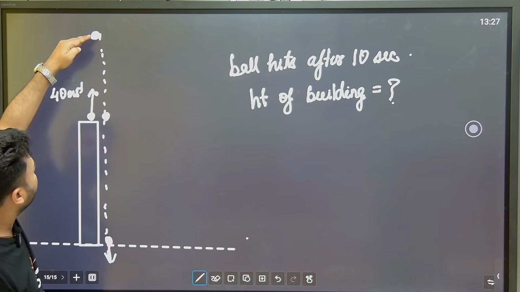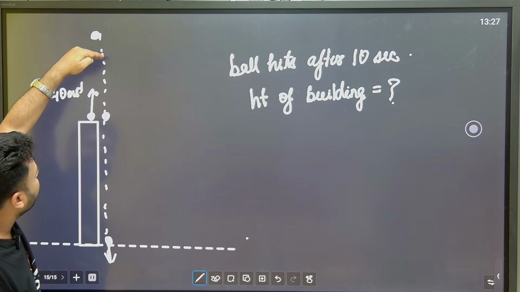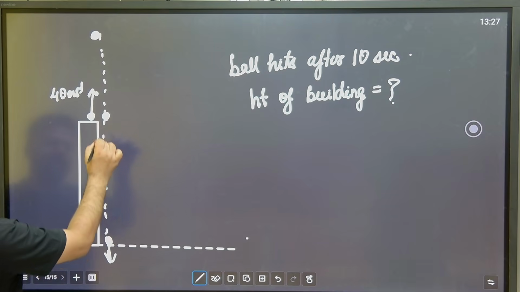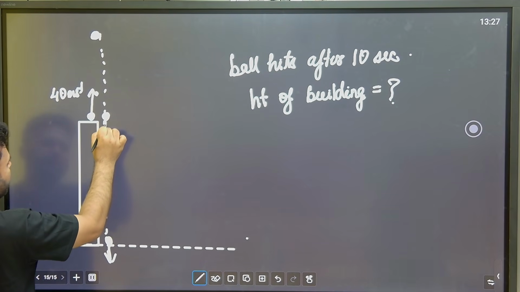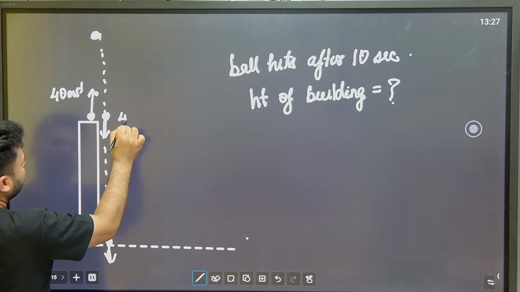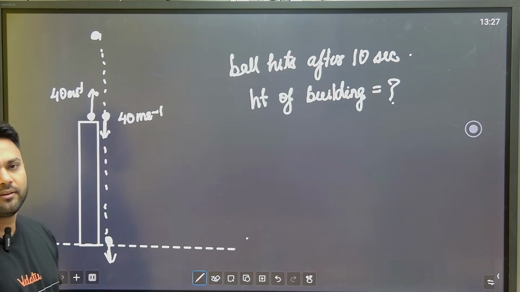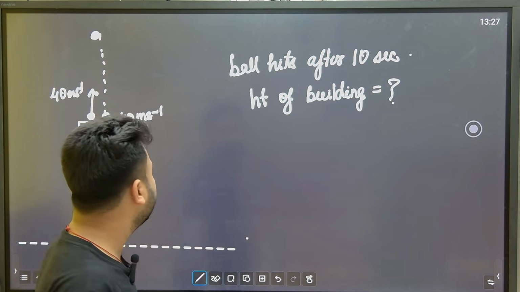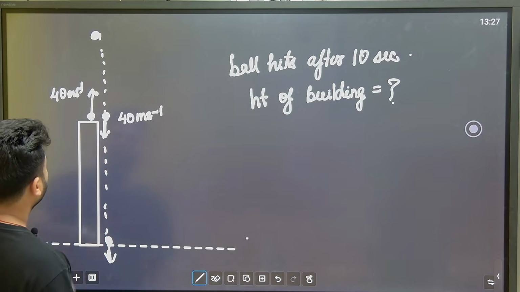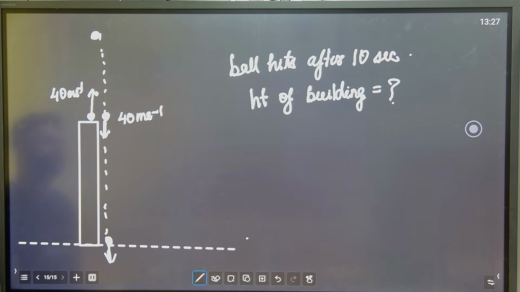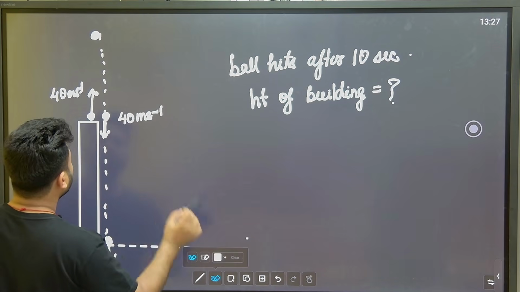It is going up, then it will return. Same level, what I told, same speed. Means at this point, the speed of the ball will be how much? 40 meter per second. Same level, same speed.